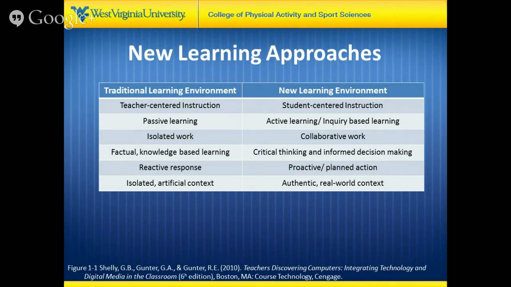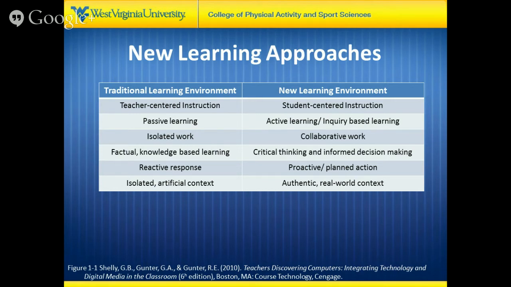That has been traditionally effective for some groups of learners. But as we know about our millennial client or customer, if you want to call them that, we start to think a little bit differently about the way we teach.